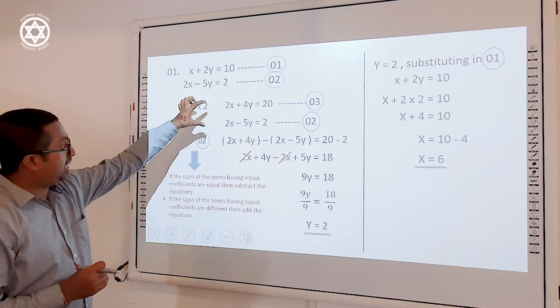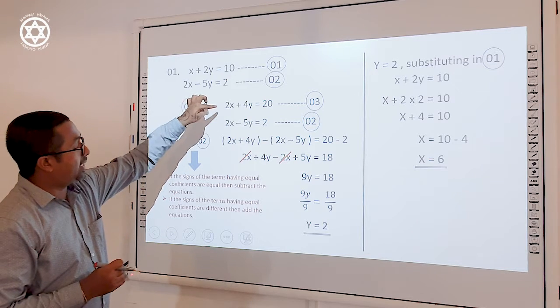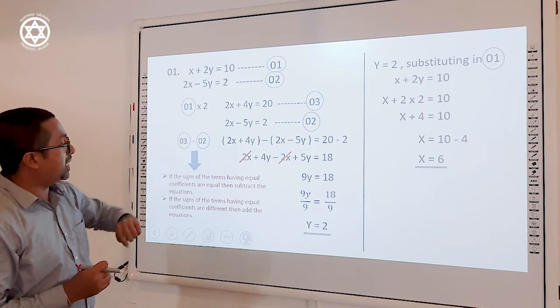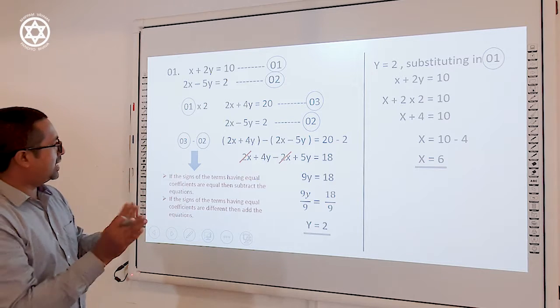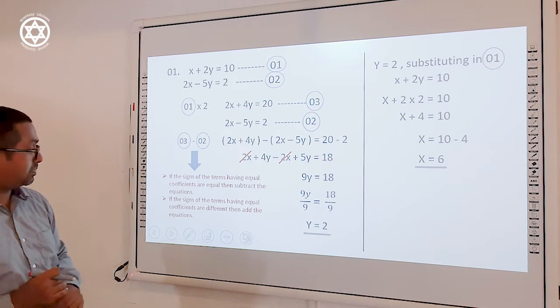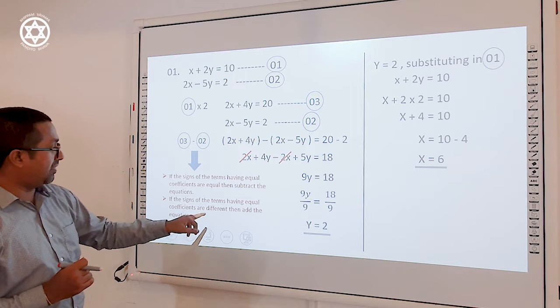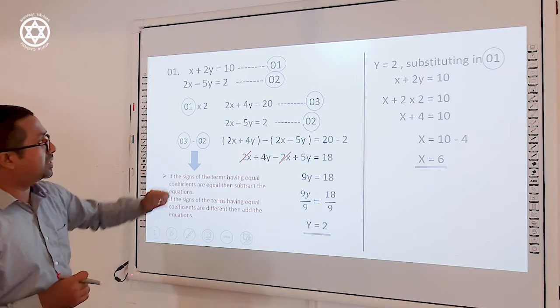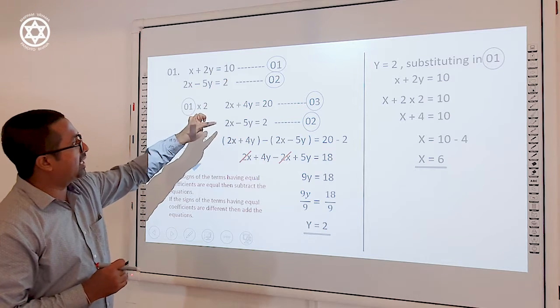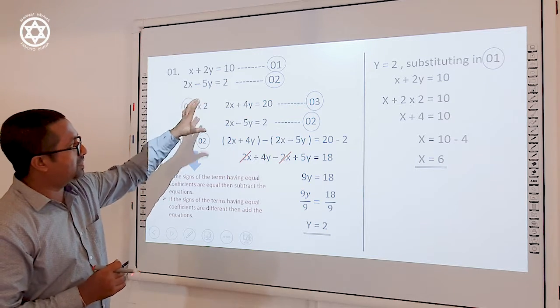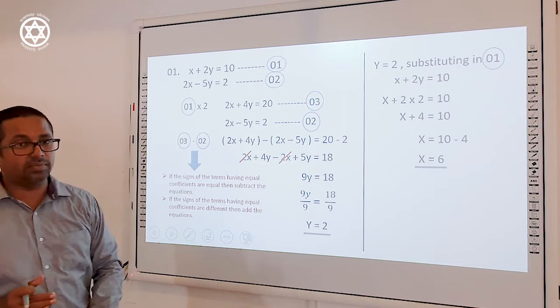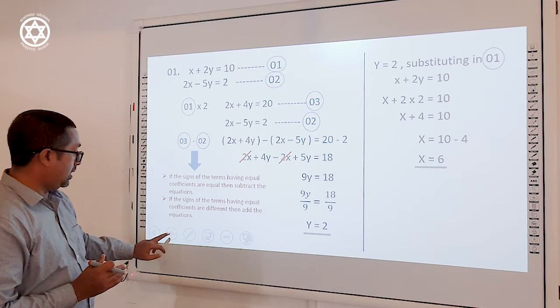If the sign is minus and minus, which is also the same, to remove that term you again select the same operation, subtraction. And if the signs of the terms having equal coefficients are different, then add the equations. That means if one is positive and the other one is negative, you can add and remove that term. That's the method you follow.